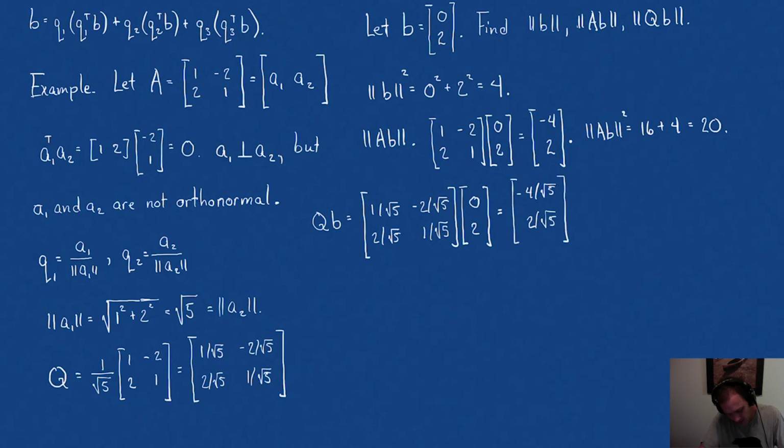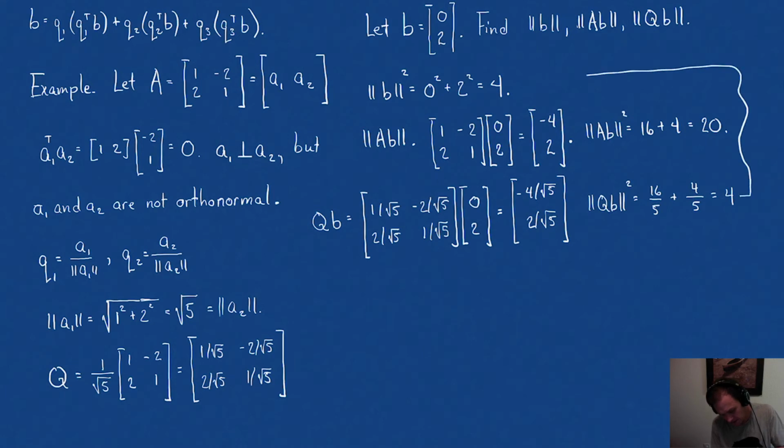Well, now let's find the length. So the length of Q times b, we'll just do it squared. I'm going to take negative 4 and square it. That's 16 divided by the square root of 5 squared, plus 2 squared, that's 4, divided by the square root of 5 squared, that's 5. This is 20 over 5, that's just 4. But wait a minute, that's the same as the length of b. And the question is, coincidence?